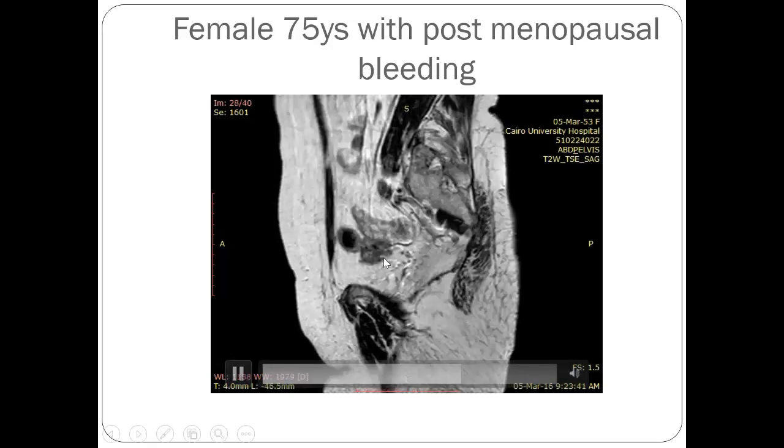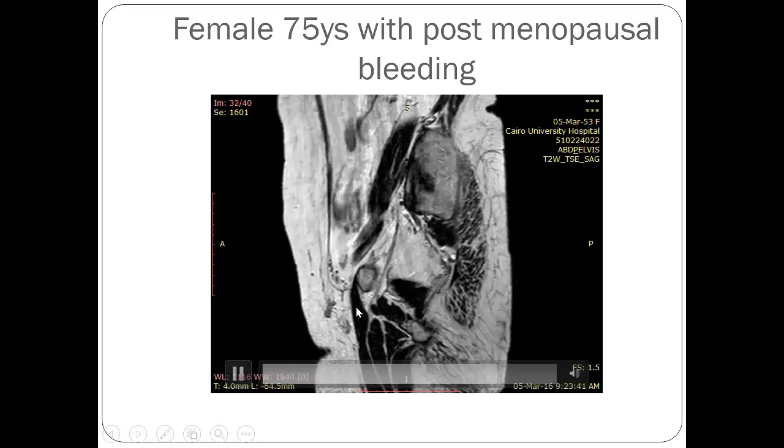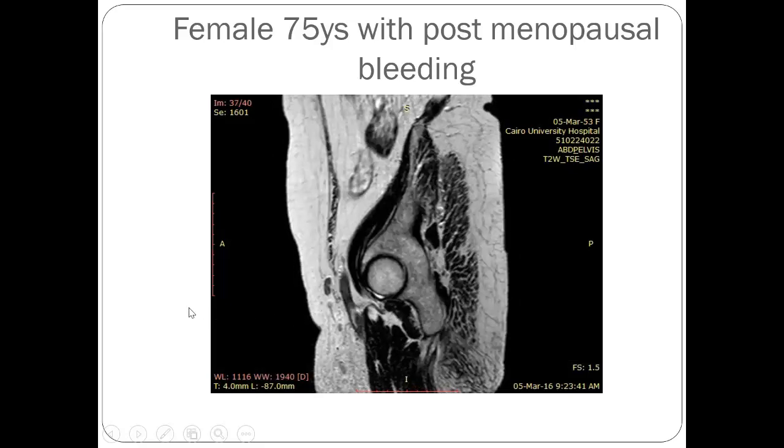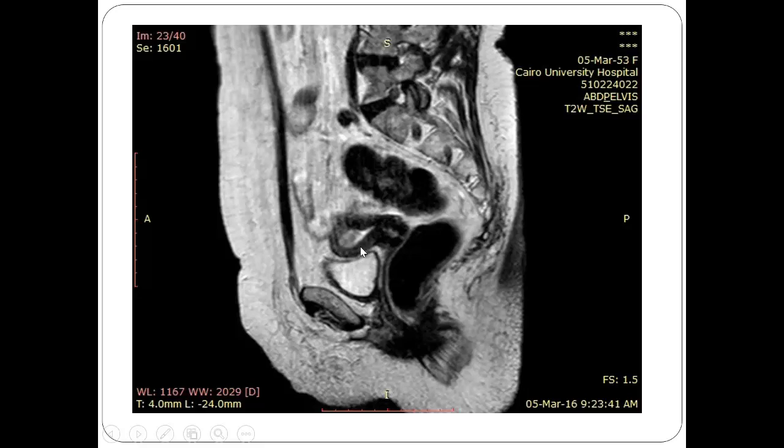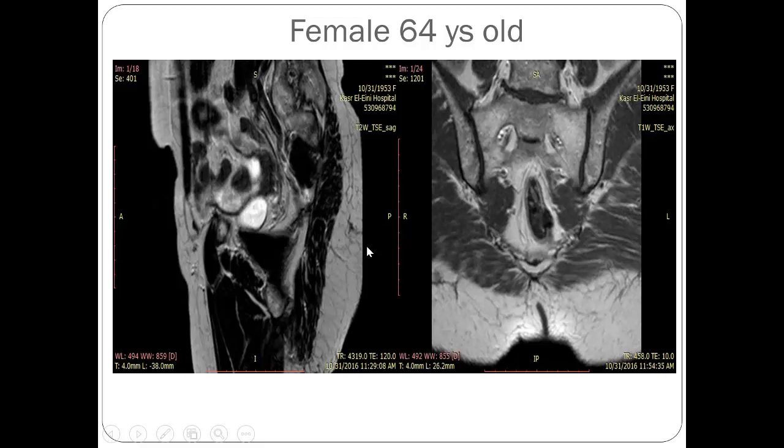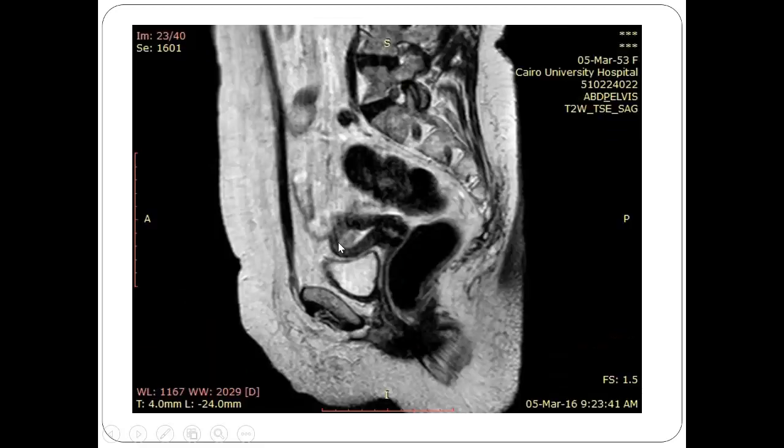Here, again similar to our first case, there is a hypoechoic soft tissue mass lesion present inside. It may be polyp or endometrial carcinoma. We could not say. The polyp in MRI is hypointense. So this is early endometrial carcinoma, although I think that the junctional zone here also is a little bit infiltrated.